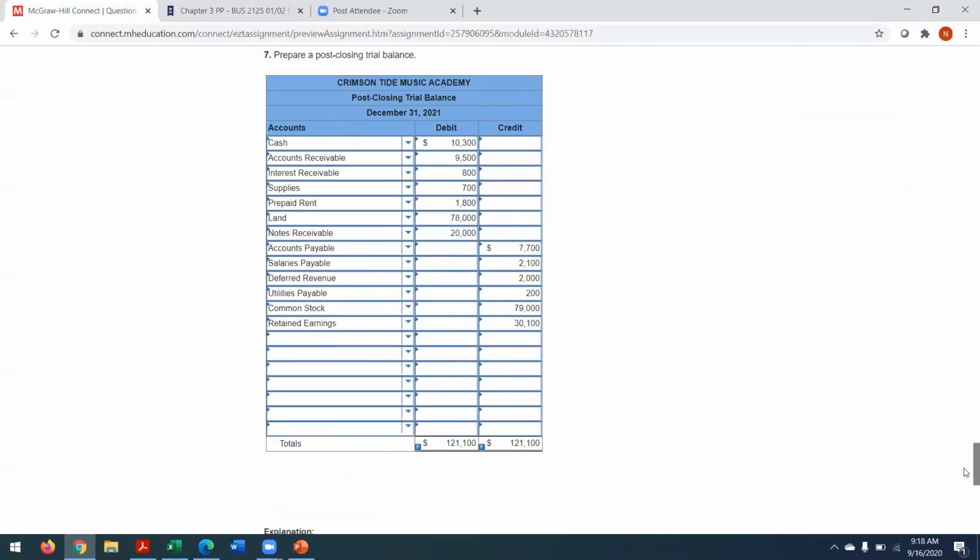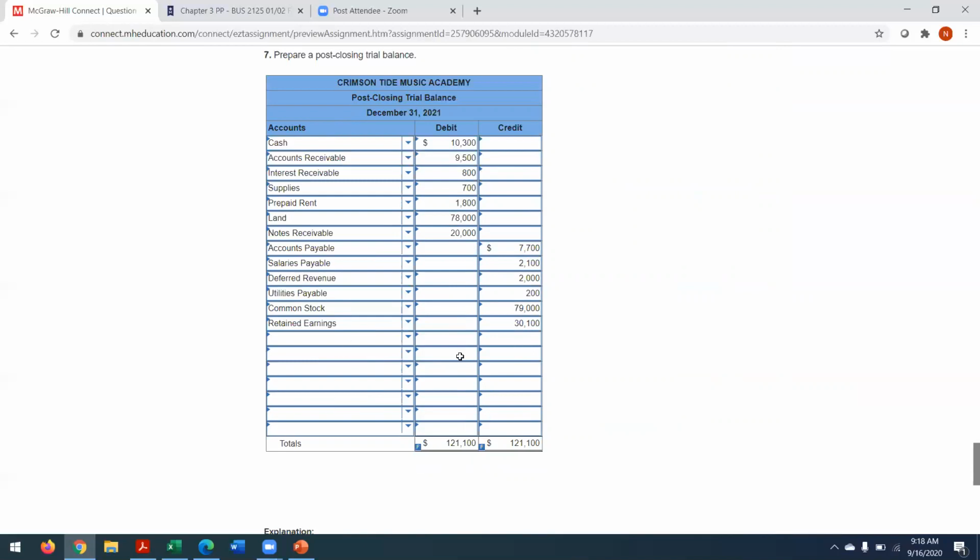So as you see here, after we then post those closing entries to our books, do you see the only accounts left are only balance sheet accounts? Our revenues, our expenses, and if we had dividends, our dividends aren't on here anymore.